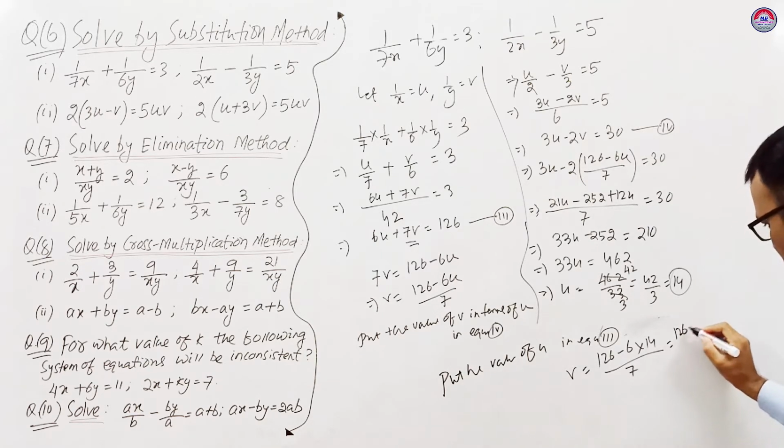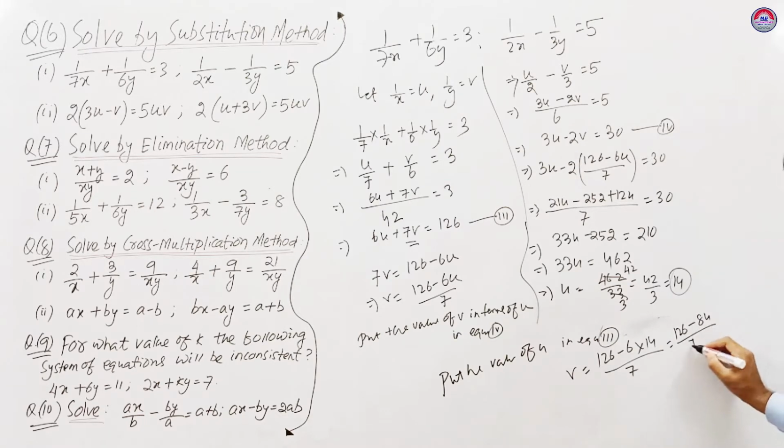So 126 minus 84 by 7, that is 42 by 7 equal to 6. The value of v equal to 6, u equal to 14.